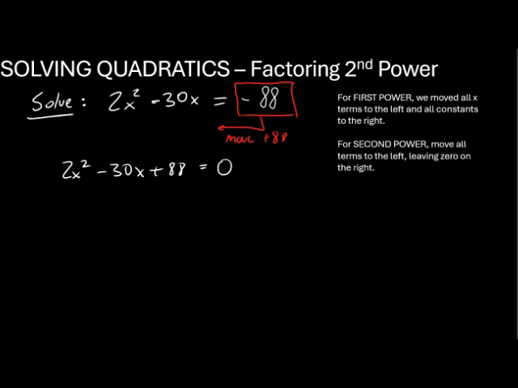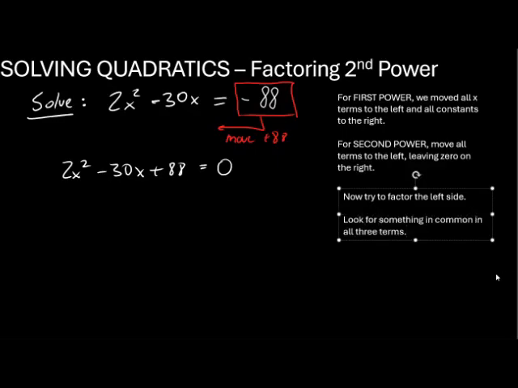Now we'll use our factoring techniques to attempt to solve this equation. When we factor, the first thing we do is look for something in common in all three terms. We might notice this time that all of our terms are even. We have 2x squared minus 30x plus 88, and so we will divide everything by 2.